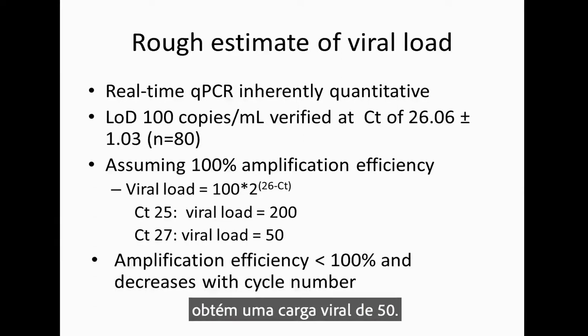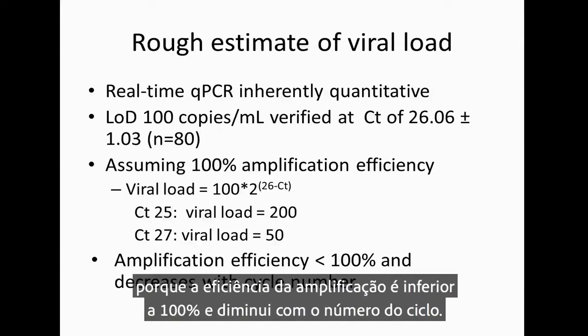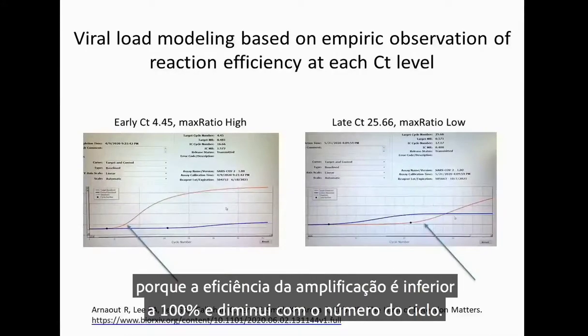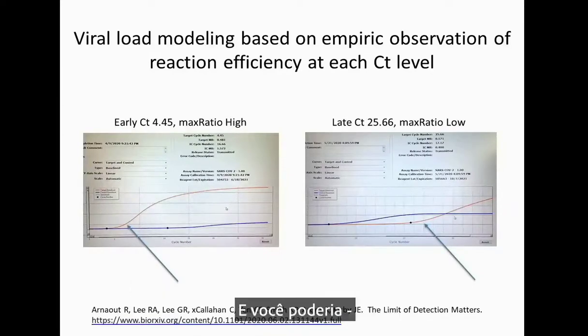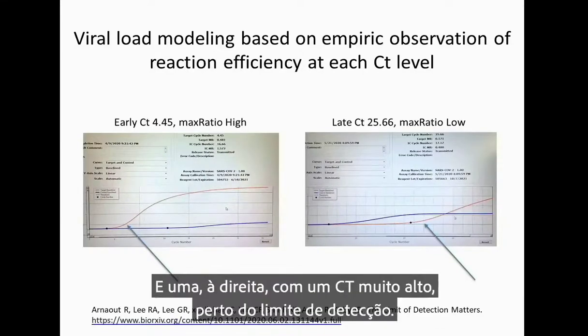Well, of course, nothing in life is that simple, because amplification efficiency is less than 100%, and it decreases with cycle number. These are graphs of 2 positive samples, one with a very low CT and one on the right with a very high CT near the limit of detection.